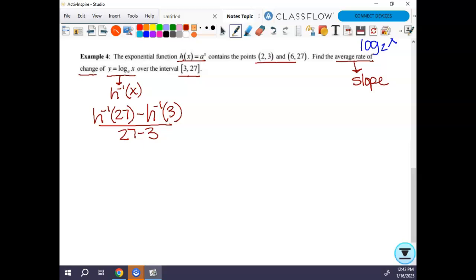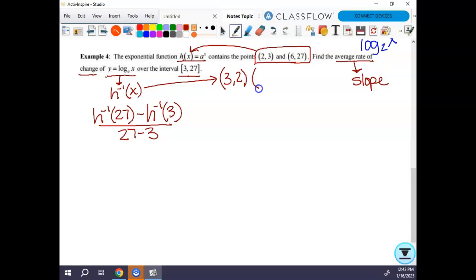All 4 of those numbers there came from that interval, and then the function's name was h inverse. That gives me my function notation, puts everything in there where it's supposed to be. Now what they gave me were ordered pairs for h of x. I need ordered pairs for h inverse. So I switch x and y.